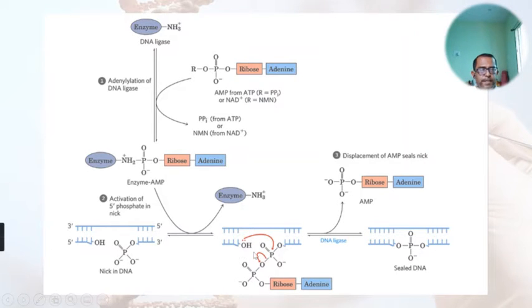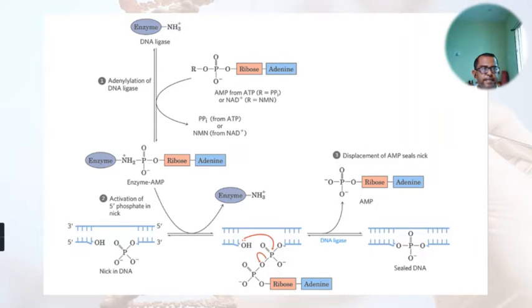There is a formation of a phosphodiester linkage between these two fragments, and there is a release of the AMP molecule. This is how the DNA ligase enzyme rejoins the fragments which are produced either during the replication process or in recombinant DNA technology. Whatever fragments are generated, they are rejoined by this DNA ligase enzyme.